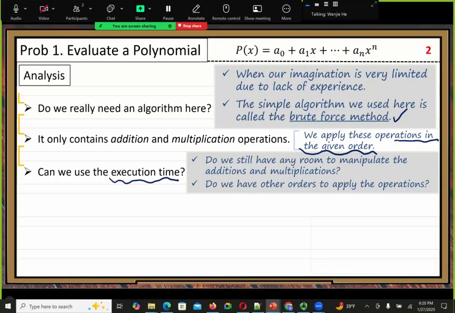Because in our previous slide, we want to measure efficiency. Execution time is a number, right? Can we use execution time to measure efficiency of an algorithm? Think about that. The first question regarding efficiency. The answer is no. Why is it no?